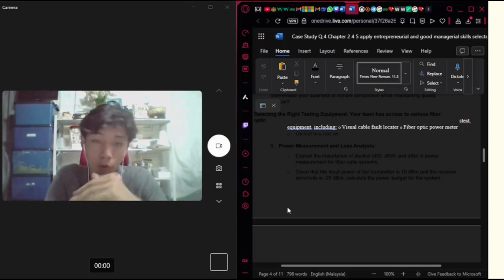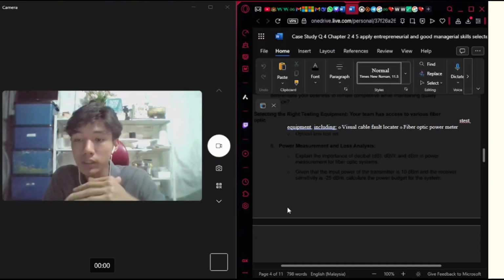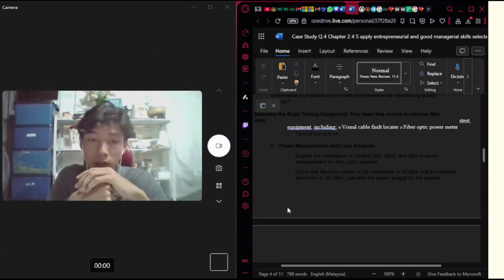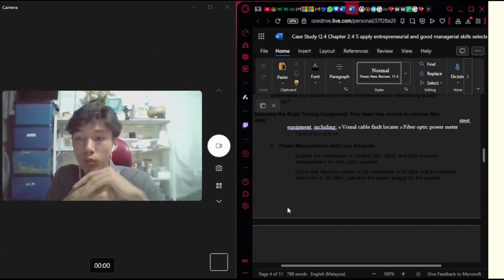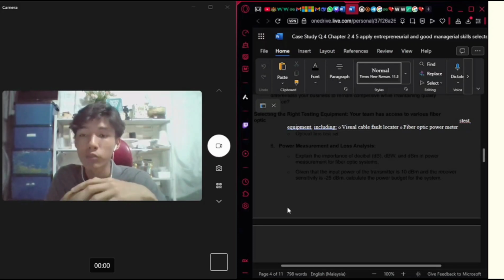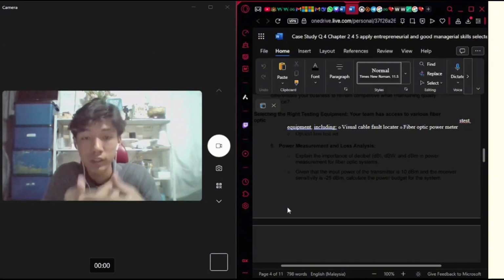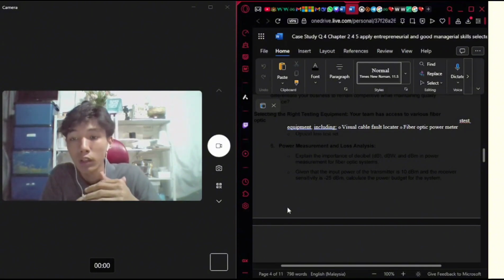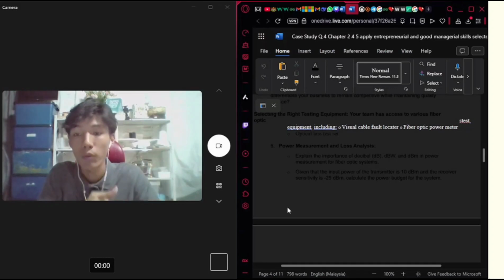For dBm, the purpose is to represent absolute power relative to 1 milliwatt. Why is it important? It is to specify transmitter output and receiver sensitivity, such as transmitter positive 10 dBm and receiver negative 25 dBm. So it enables straightforward power budget calculation.